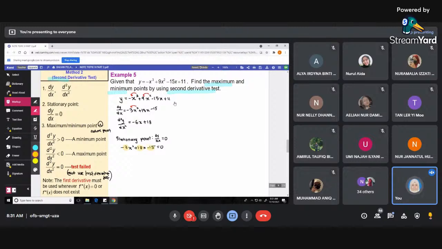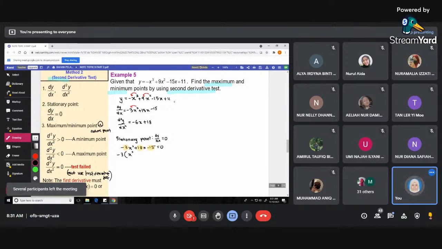Apa yang sama? Negatif 3. So bila saya keluarkan negatif 3, ini akan jadi x squared tolak 18 bahagi negatif 3, dia akan dapat negatif 6x. Negatif 15, saya keluarkan negatif 3, sini akan jadi positif 5. X equal to 0.